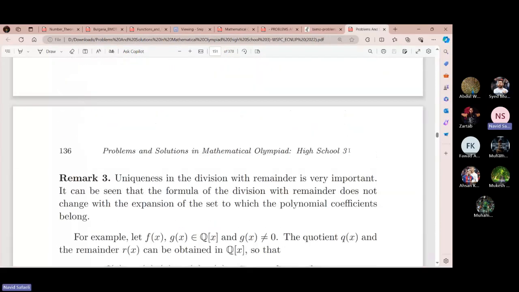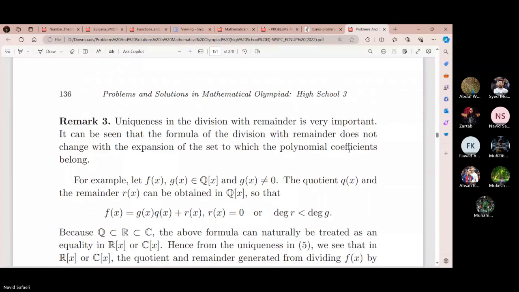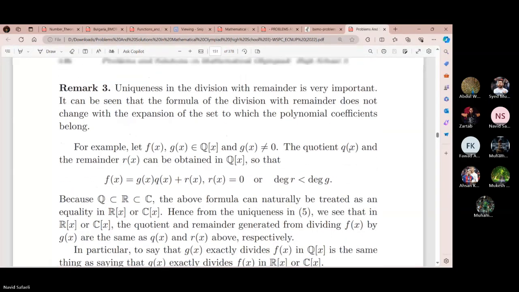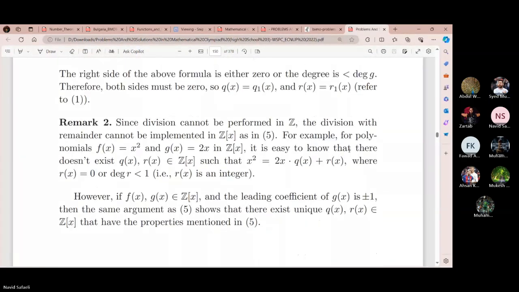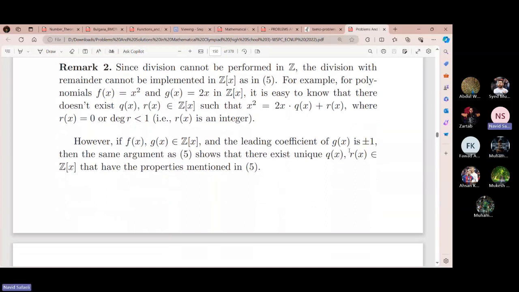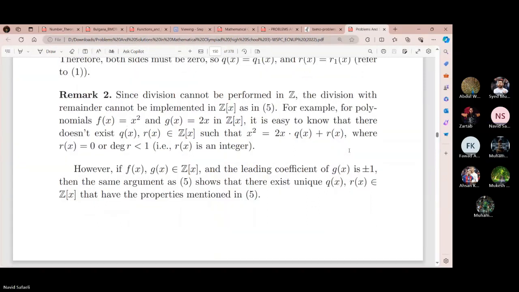Any questions so far? Something important is here. For example, if f and g are in Z of x, and the leading coefficient of g is plus or minus 1, this division algorithm shows that q and r would also have integer coefficients.